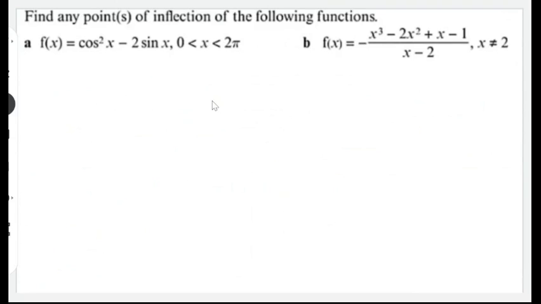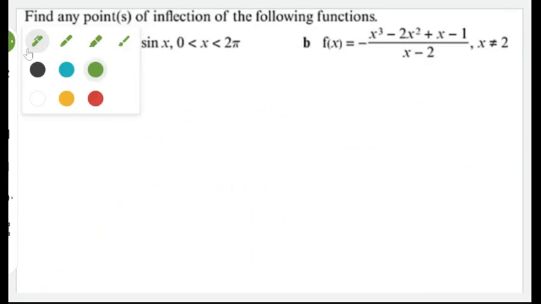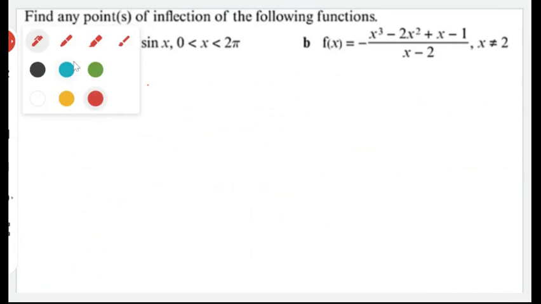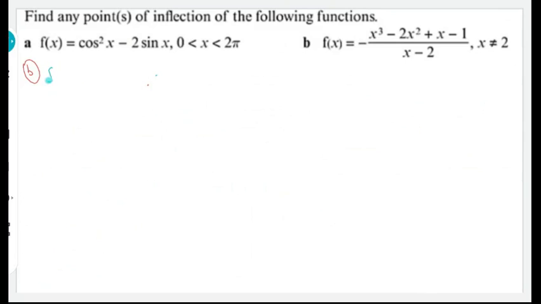So with part B, we want to work out the derivative. Would you use quotient rule? You could use quotient rule, I guess.